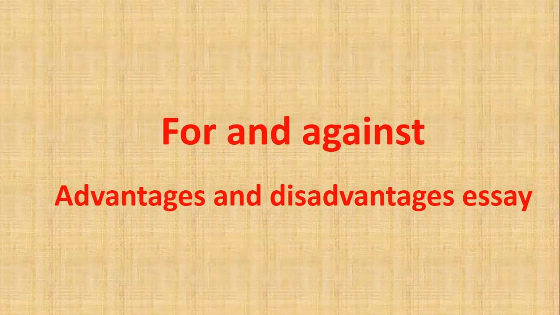Generally we have an issue, a topic, and this topic has two opposing views. One is for, the other is against. You need to organize your writing according to two sides, two groups of people.